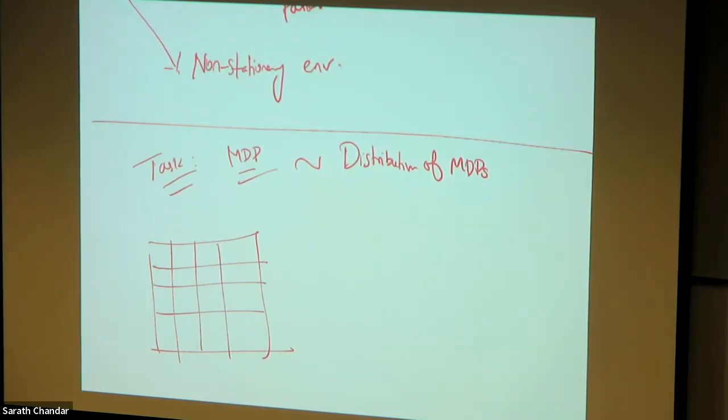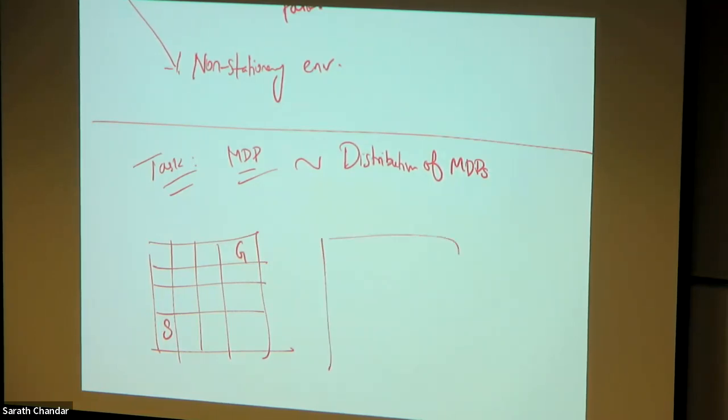Now we are going to use, let's say, Q learning, which means we are estimating the values of the state. This is one MDP where the start is in the bottom left and the goal is in the top right.